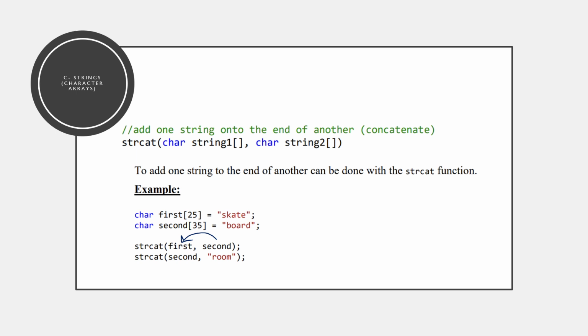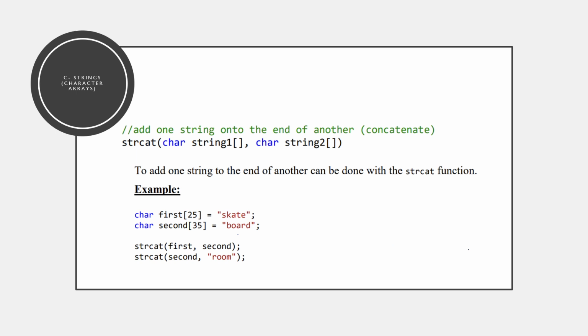Forget it. If we wanted to put it all together, then we would strcat onto first the word room. So if we did that and not this, then we would create skateboard room, all one word. If you want me to repeat that, I'll repeat that.